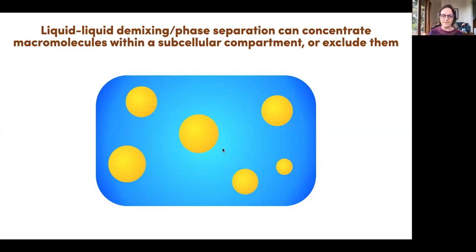The tendency will be to go toward a single large droplet of this yellow stuff in the surrounding blue stuff, because that minimizes what's called the interfacial surface. We talk about surface tension, which is the tension between a liquid and the air. When you have a two-liquid system, the interface between the liquids has an interfacial tension.